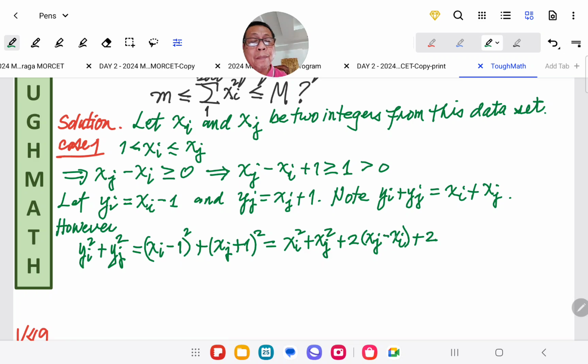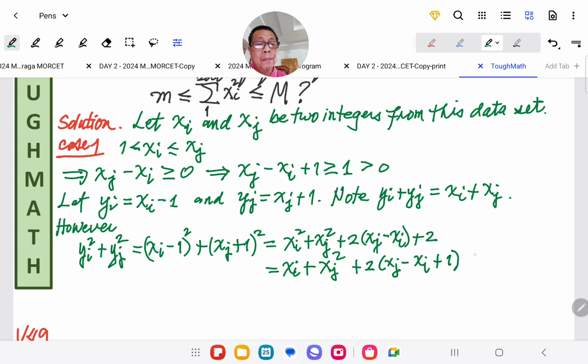And we can further rewrite this as x sub i squared plus x sub j squared plus 2 times x sub j minus x sub i plus 1.